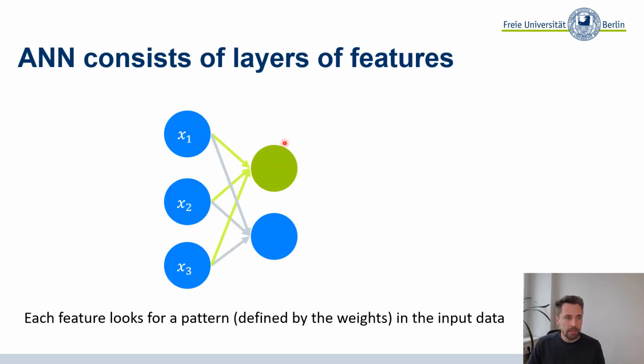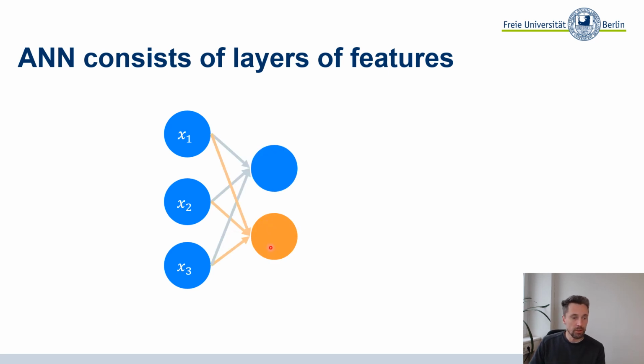Since each of these units detects certain input features, we can have many of these. One looks for a certain feature, and the other one looks in parallel with its own set of weights for other features.